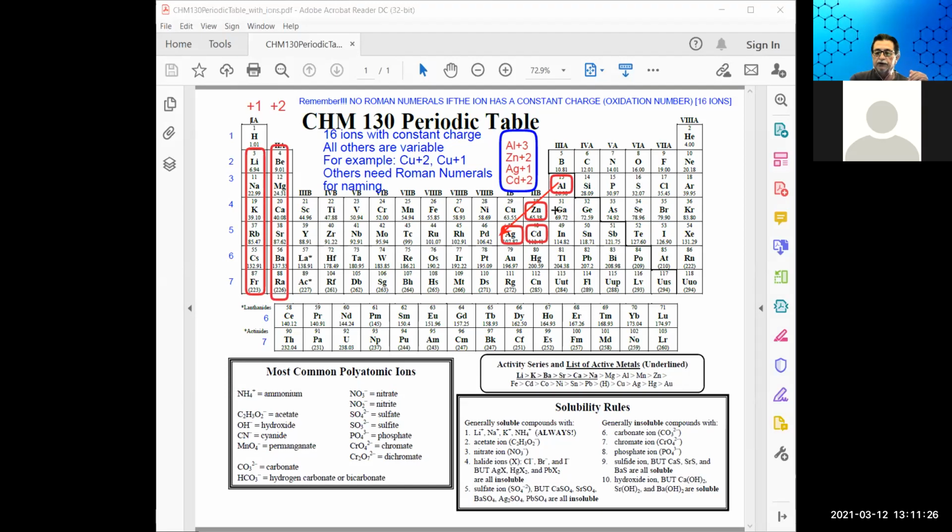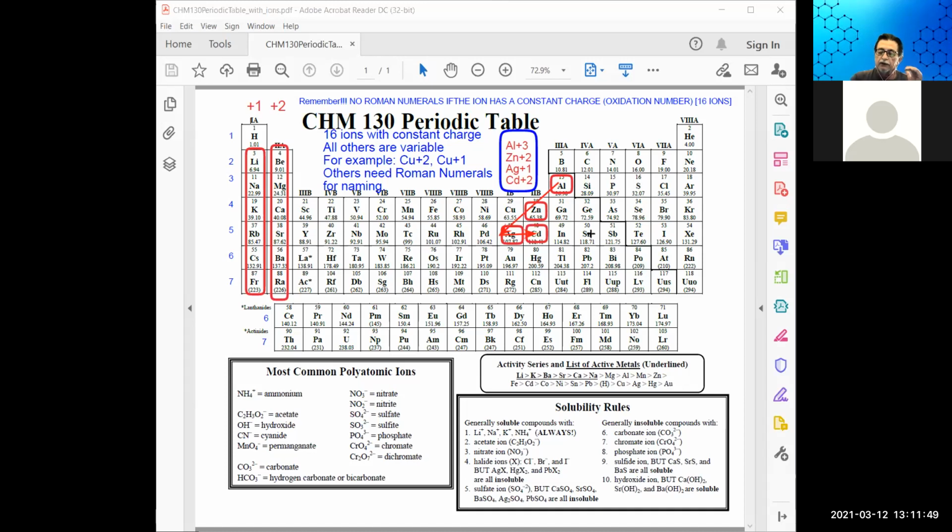Always has an oxidation number of +2. And then Ag, silver, always a +1. From silver, we make a right turn and go to Cd, cadmium. Always has a +2.